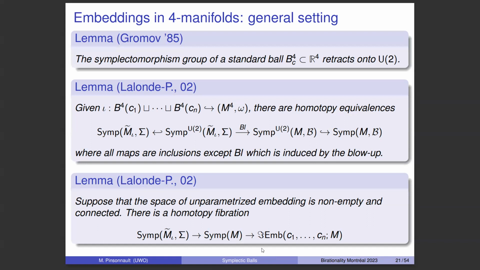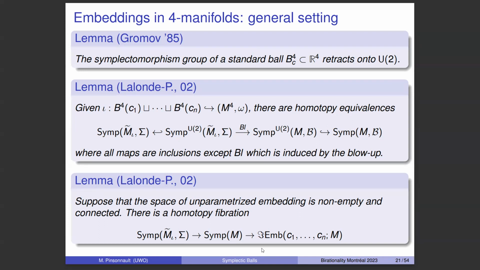The second thing that is crucial for us, which actually depends on this lemma, is something that François and I proved a long time ago, which is the following. When you look at, say, n balls, and you look at the action of the symplectomorphism group on this collection of n balls, if you assume, for instance, that you look at one component in which the action is transitive, then there is a sequence of homotopy equivalences here. What is important is that if you look at the symplectomorphism group that sends the collection of balls onto itself, remember that it's an ordered collection.